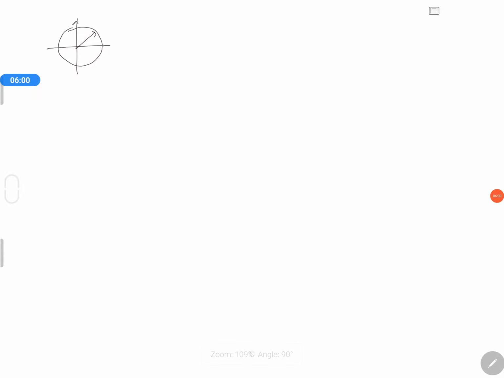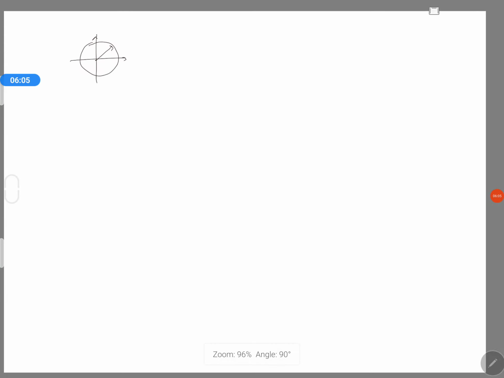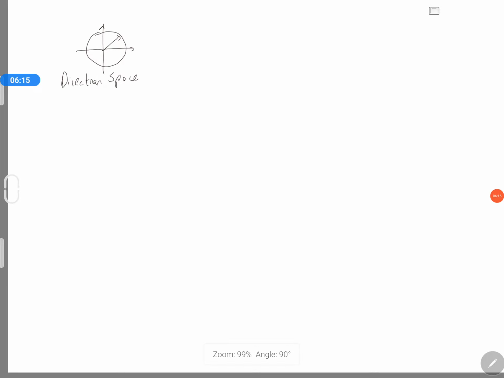This we can call the direction space. But for reasons that will be obvious later on, we call this the normal space. Okay, so here's our set of directions D.